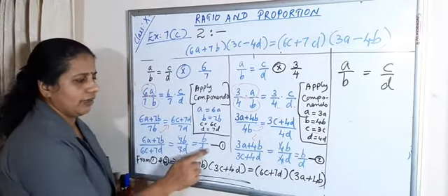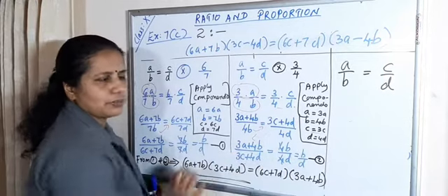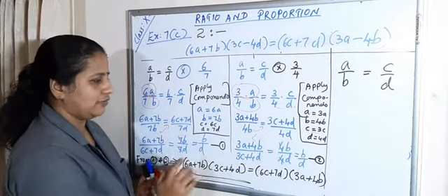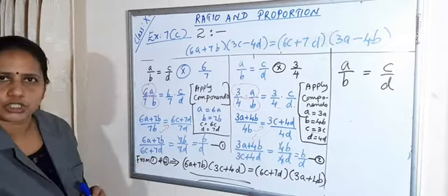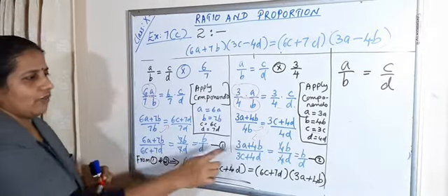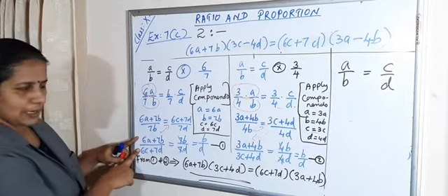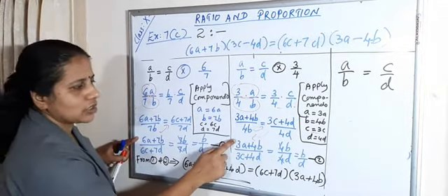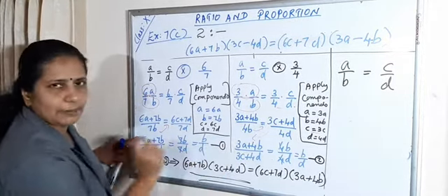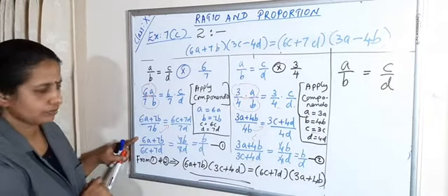Now look here, 1 is B by D and 2 is B by D. So from that we can write 1 is equal to 2. That is, 1 equal to 2 means (6A + 7B)/(6C + 7D) equal to (3A + 4B)/(3C + 4D).